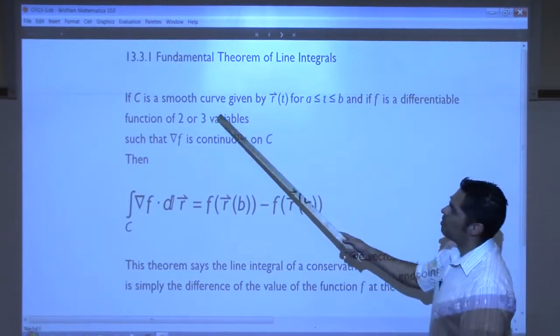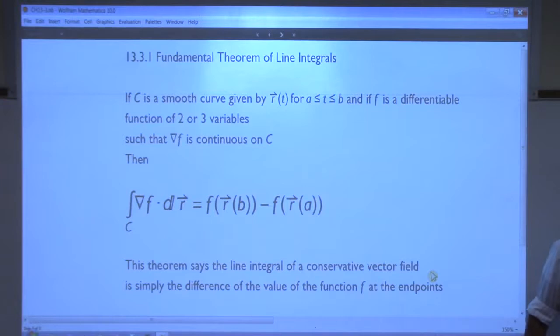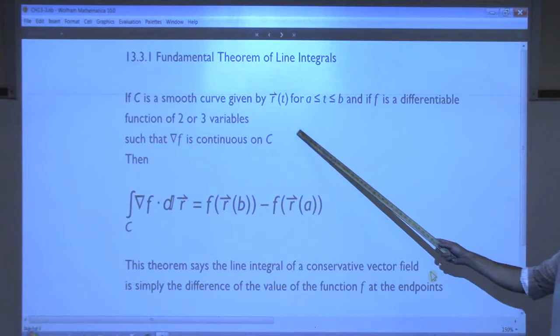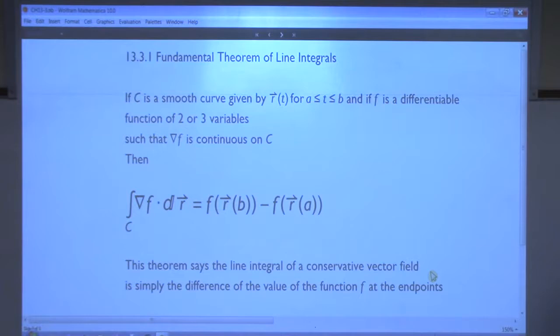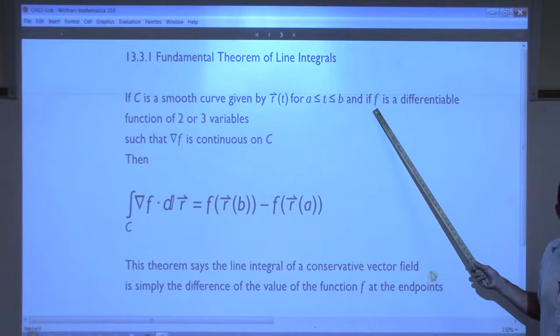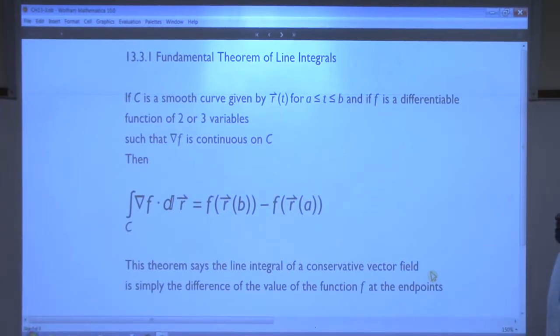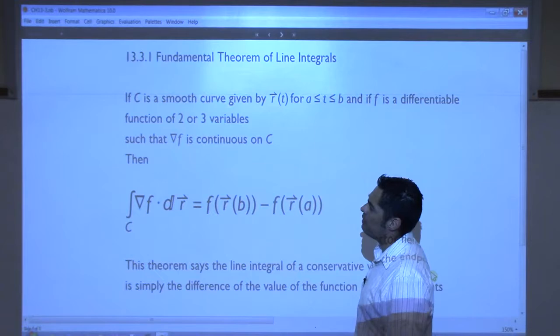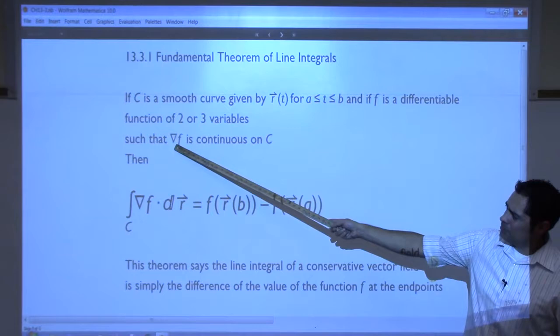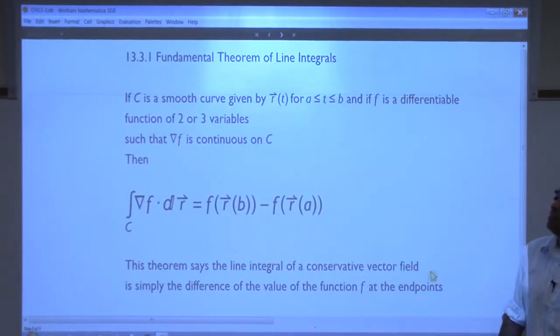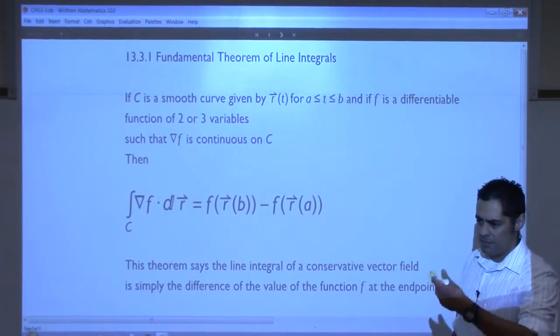If C is a smooth curve, smooth meaning we're not going to have any weird, jaggedy edges on it, given to us by the vector function r of t, with a time interval from A to B, and if f is differentiable, okay, this f here is a scalar function, a differentiable function of 2 or 3 variables, such that the gradient of that scalar function is continuous on C. That just means that when we take the gradient, it's well behaved.